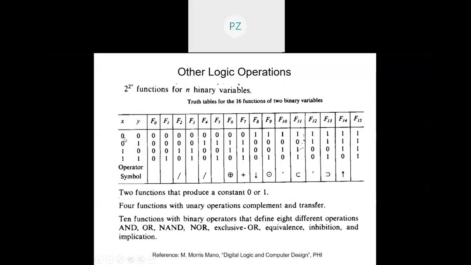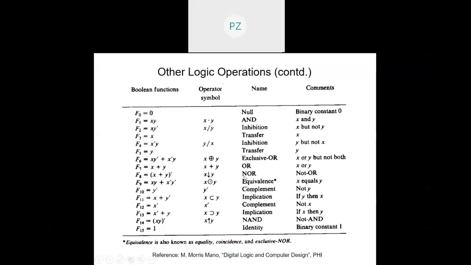When writing the max term, I have to take the OR, and 0 will be the true form and 1 will be the complement. Here both of them are zeros, so it will be x plus y. So this is the OR term.